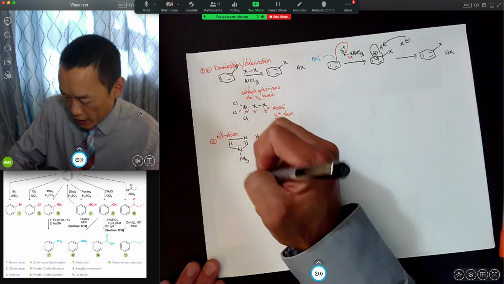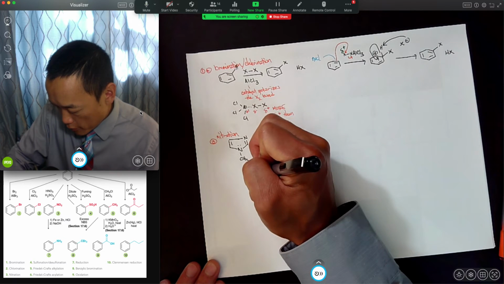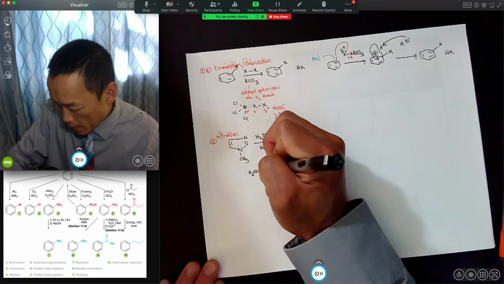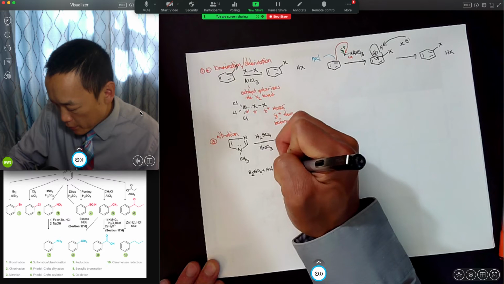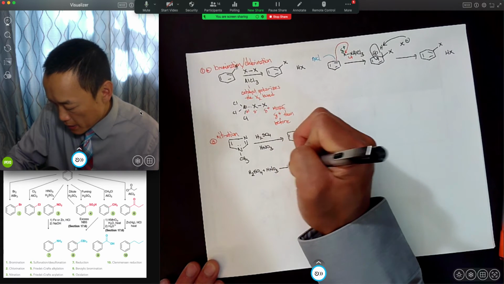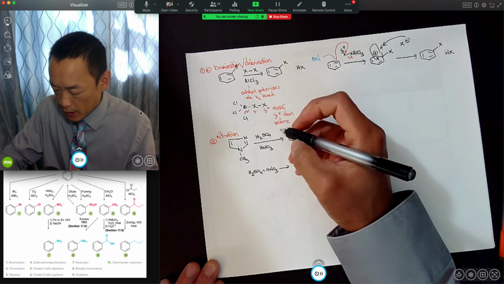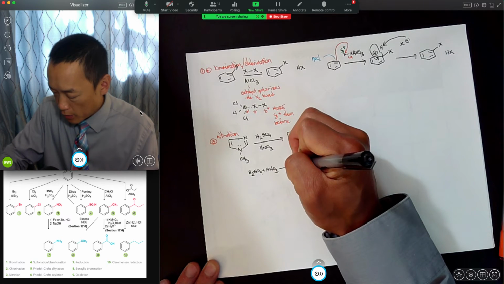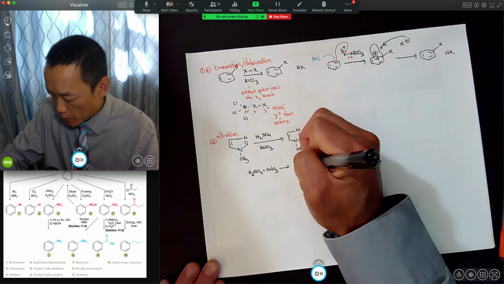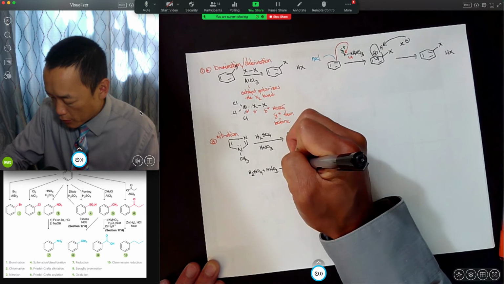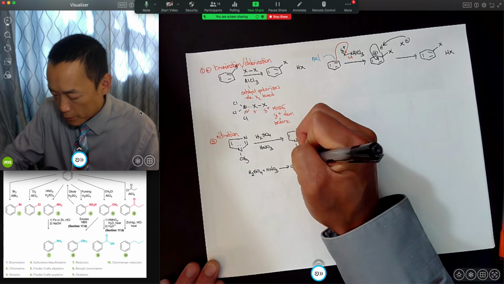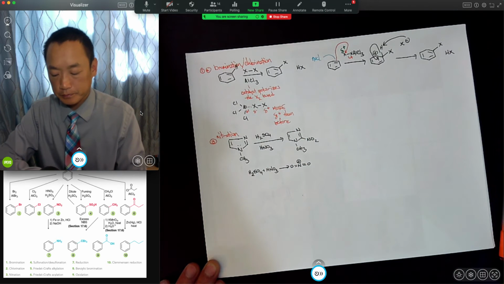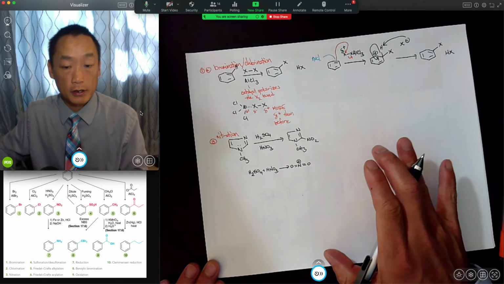But when H2SO4 and HNO3 combine, they make O=N=O with a plus formal charge on it. And there's some other atoms that are involved here.